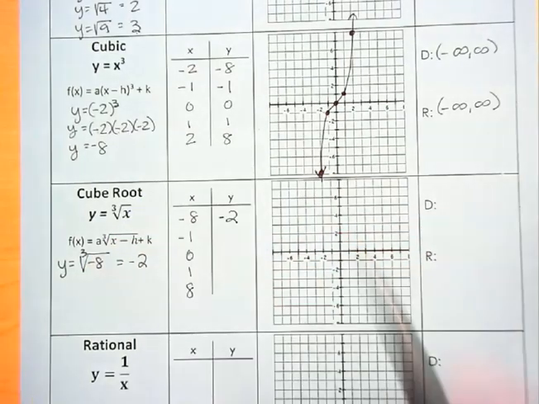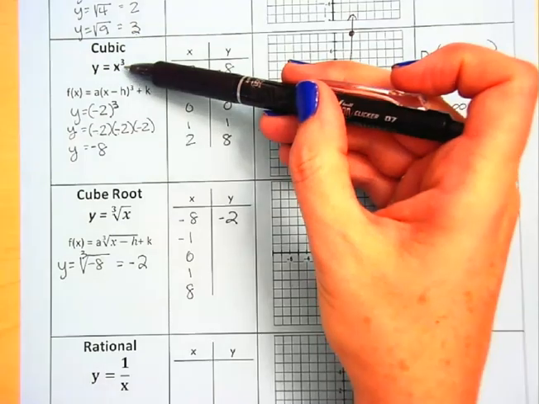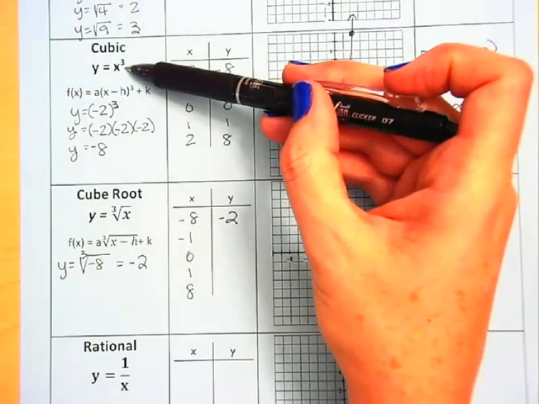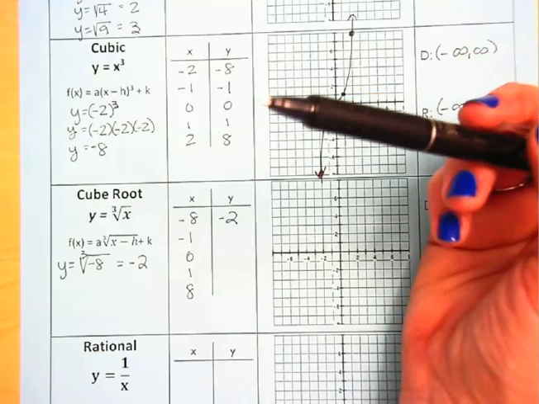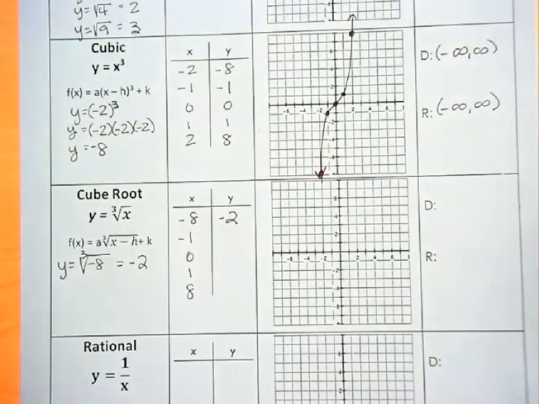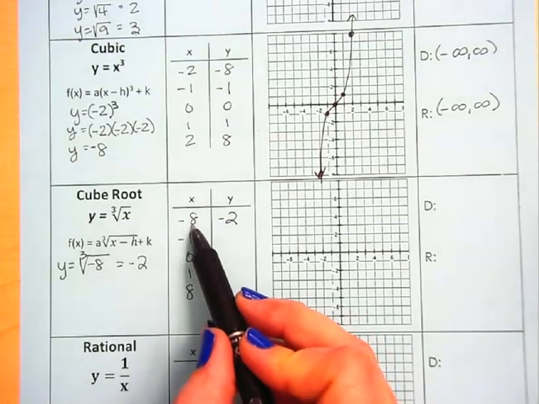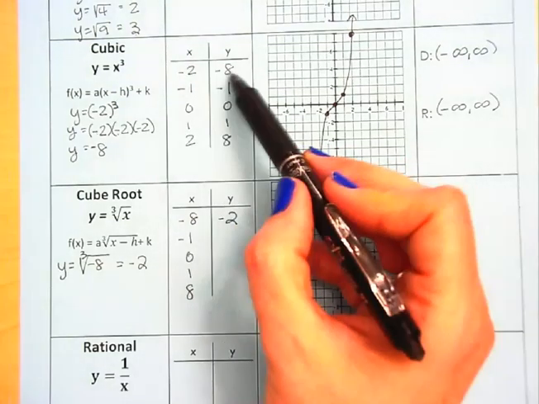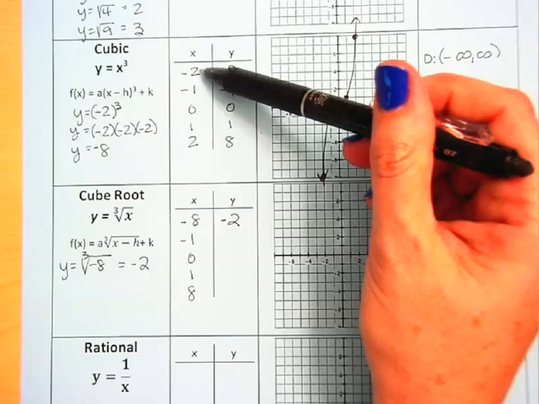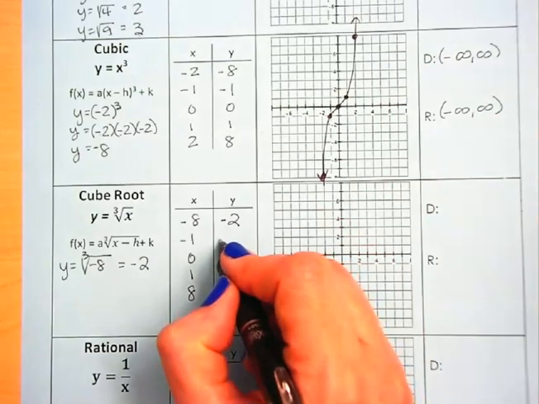And in fact, the cubic function x cubed and the cube root function, cube root of x, are inverses of each other. This means that their x and y values are flip-flopped. So that's why negative 8 cube root is negative 2, and up here negative 2 cubed is negative 8. So really I can just take all these x's and copy them down here.